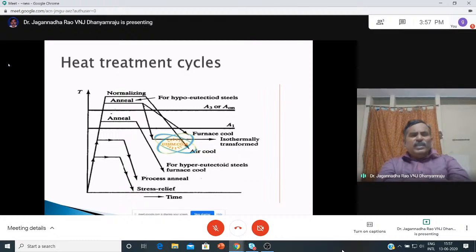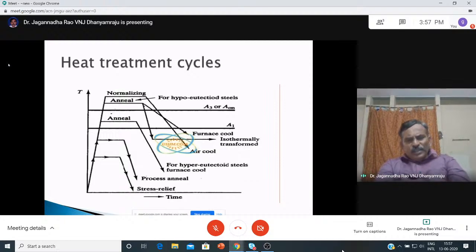And normalizing is also similar to the annealing process, except the normalizing temperature is slightly more than the annealing temperature. And here also there are three phases: heating, soaking, followed by air cooling.